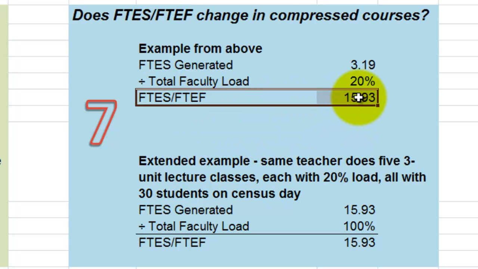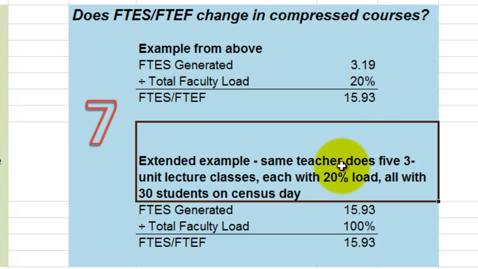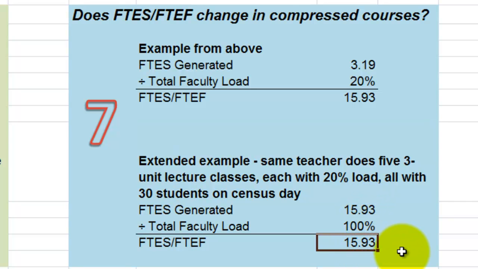So the productivity ratio, FTES per FTEF, has gone from 15 to 15.93 in just one class, because of the compressed calendar. But if we use that same extended example, with 5 3-unit classes exactly the same, 30 students each, then 15.93 is the same. It's averaged out over all 5 classes.